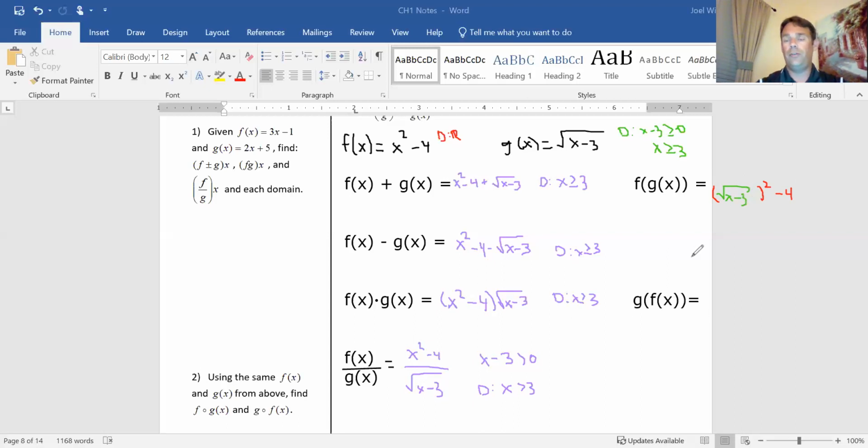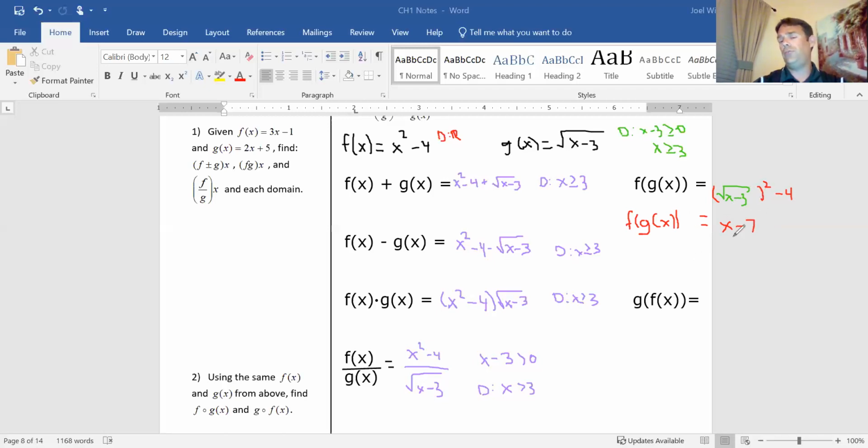And when we solve this, notice the square is going to take away that square root. So I'm left with x minus 3 minus 4, in other words, x minus 7, because the square and the square root cancel each other out.